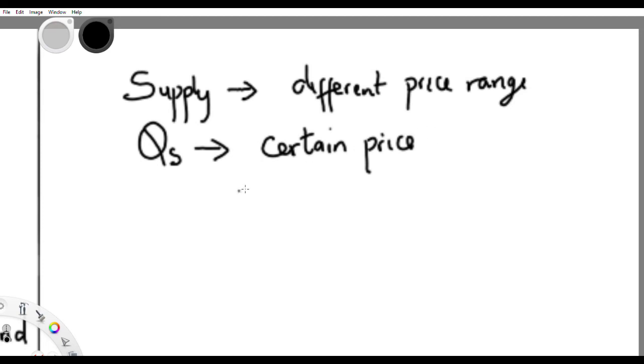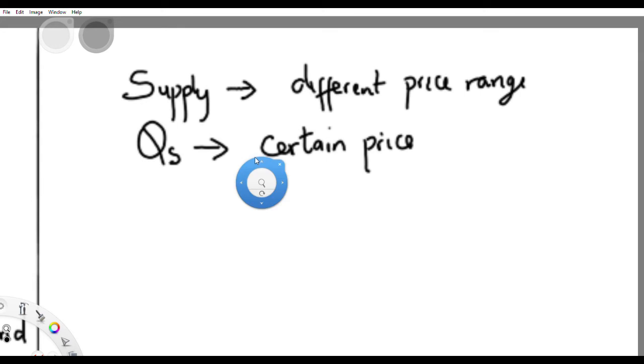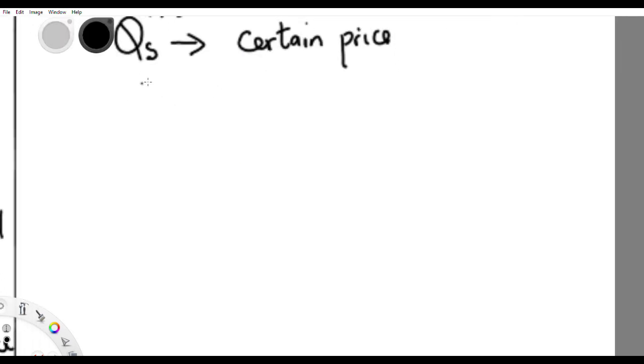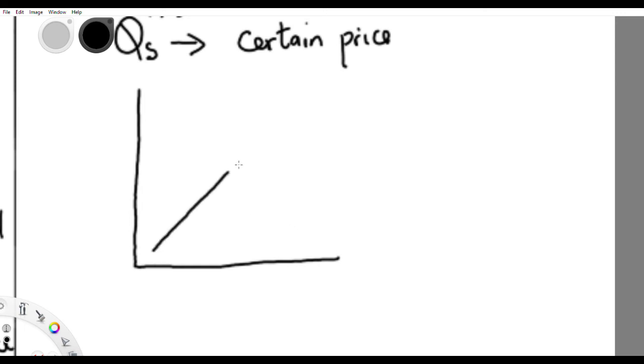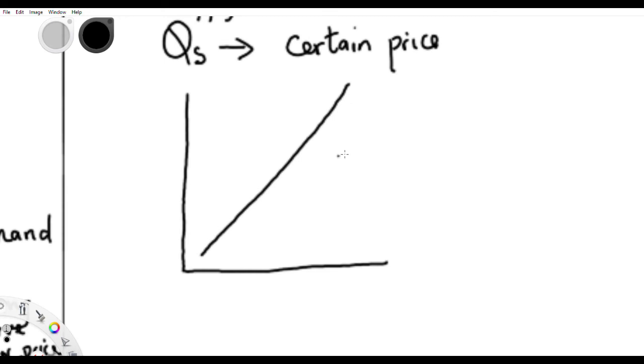So that's the difference. And the supply curve slopes upward. The supply curve goes upward like this, the higher the price, the higher the quantity supplied.